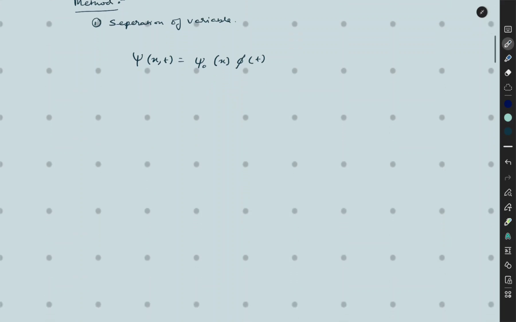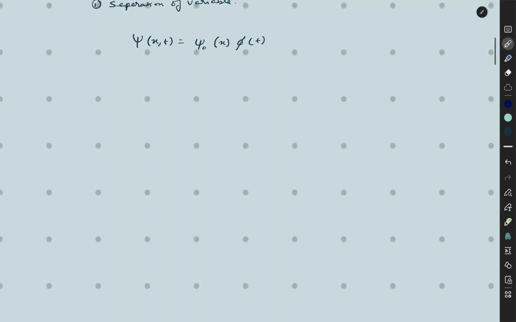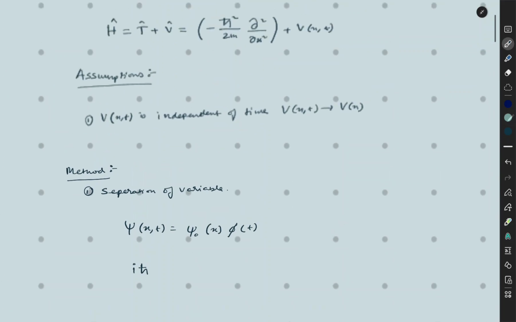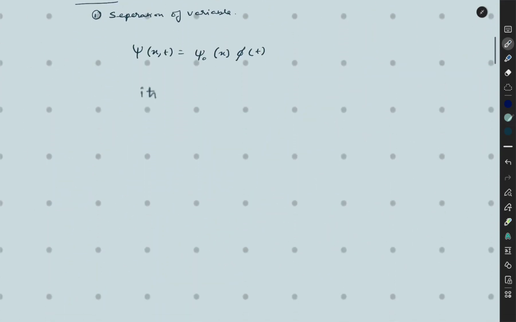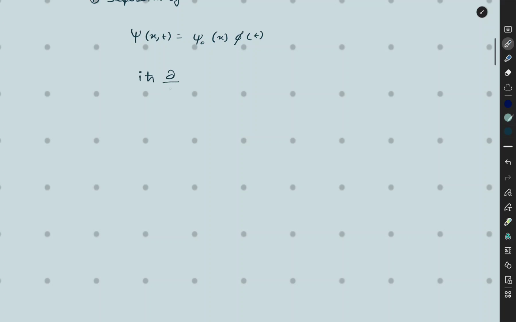Now if we substitute this back in our time dependent Schrodinger equation, then we get iota h cut del by del t of psi naught of x and phi of t equal to the Hamiltonian operator acting on psi naught of x and phi of t.